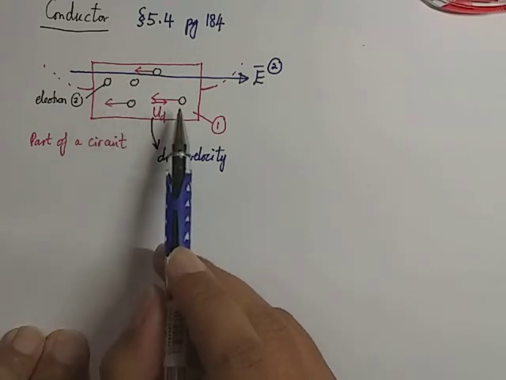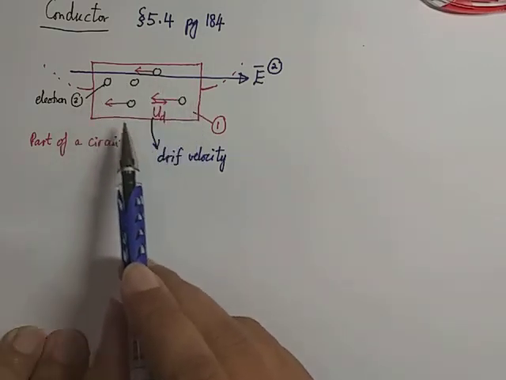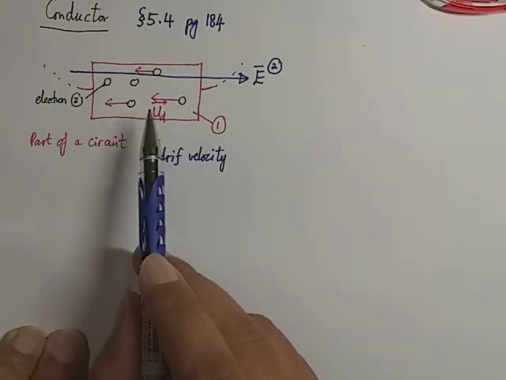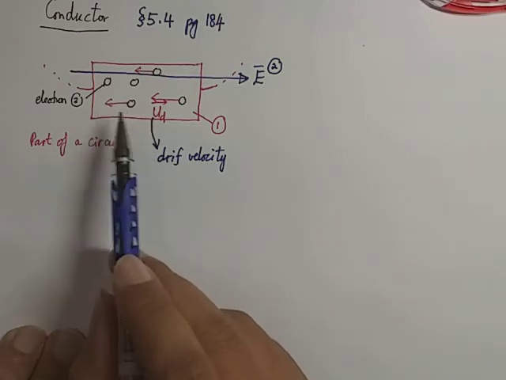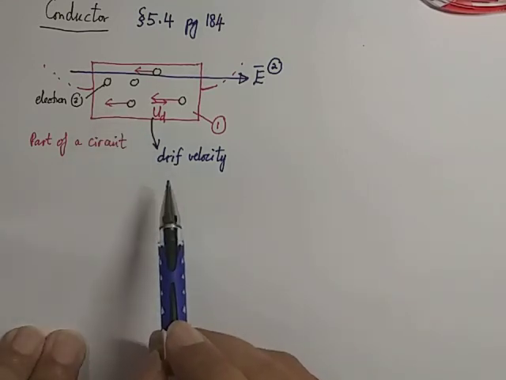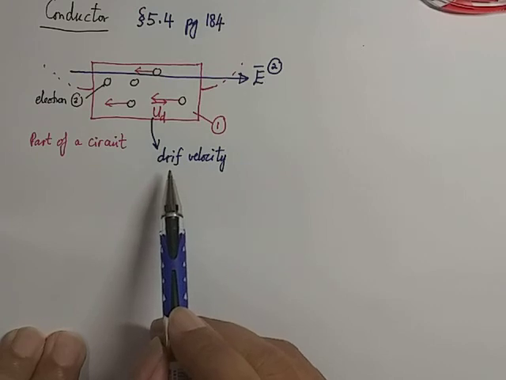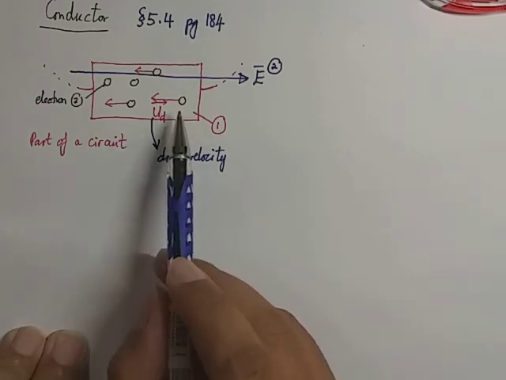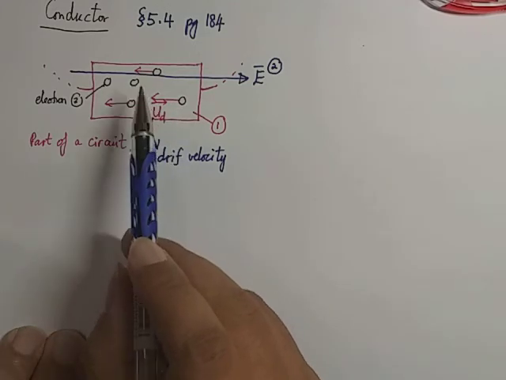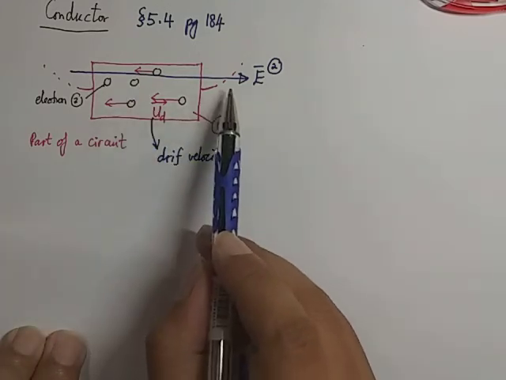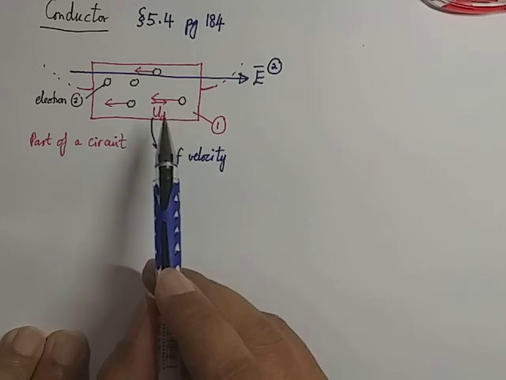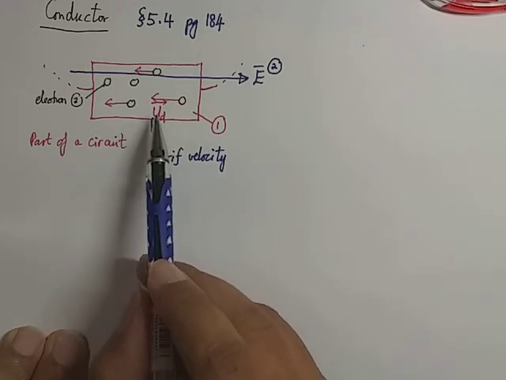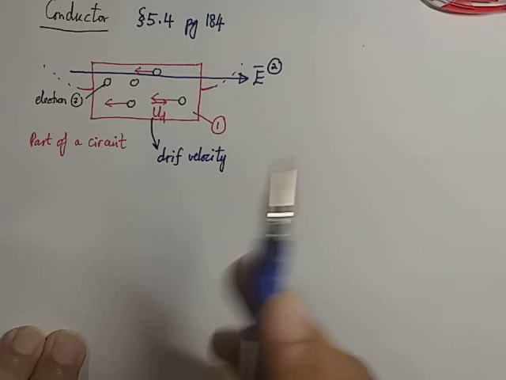So in general terms, this electron is moving in a very slow motion, and therefore the name drift was introduced. So what we are saying now is the electron is going to move in the opposite direction to the applied E, and the name given to the velocity is drift velocity.